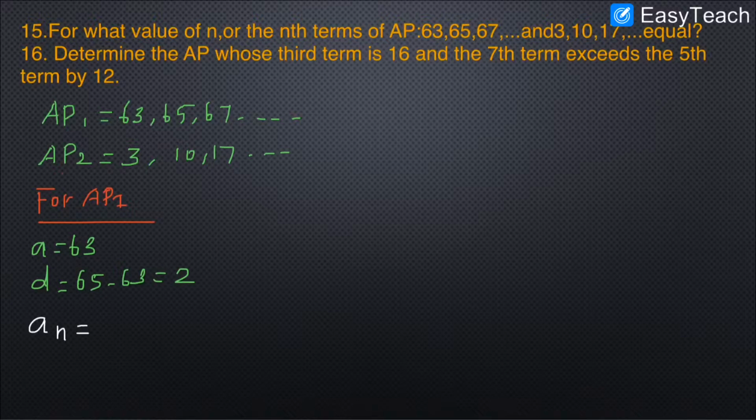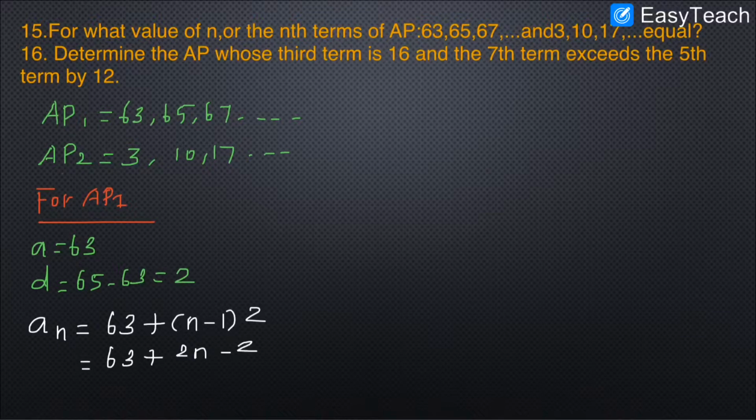An equals A plus n minus 1 into D. So 63 plus (n minus 1) into 2, which is 63 plus 2n minus 2. So we can write An as 63 minus 2, 61 plus 2n. This is our first equation.